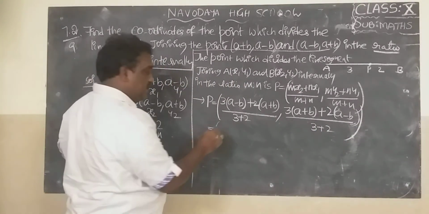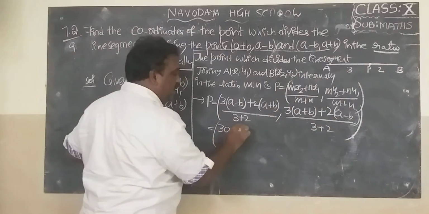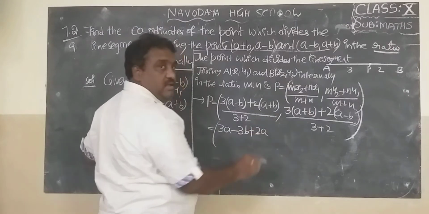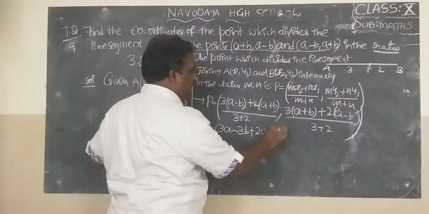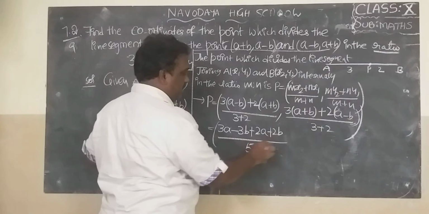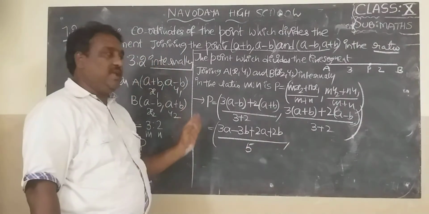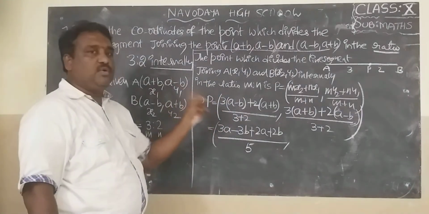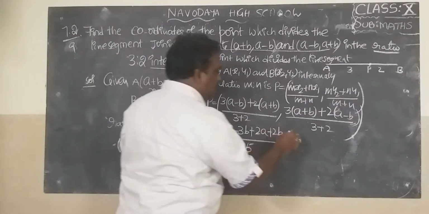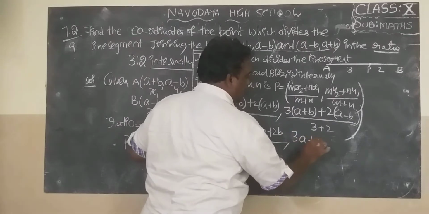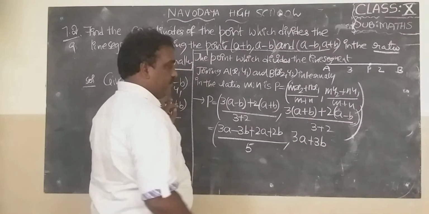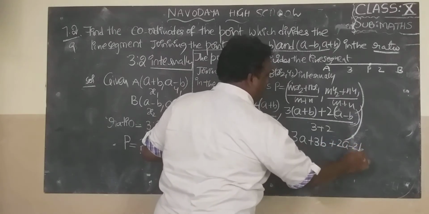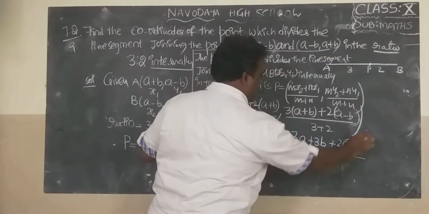3 into a 3a, 3 into b 3b. Again 2 into a 2a, 2 into b 2b by 5. Again 3 into a 3a, 3 into b 3b, 2 into a 2a, 2 into b 2b by 5.